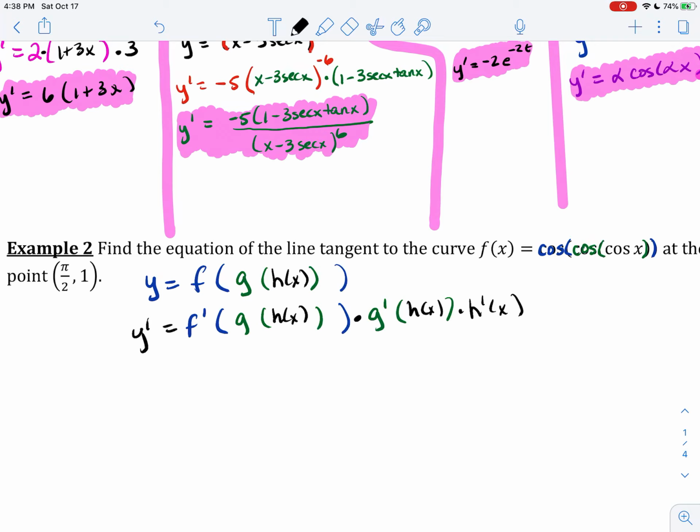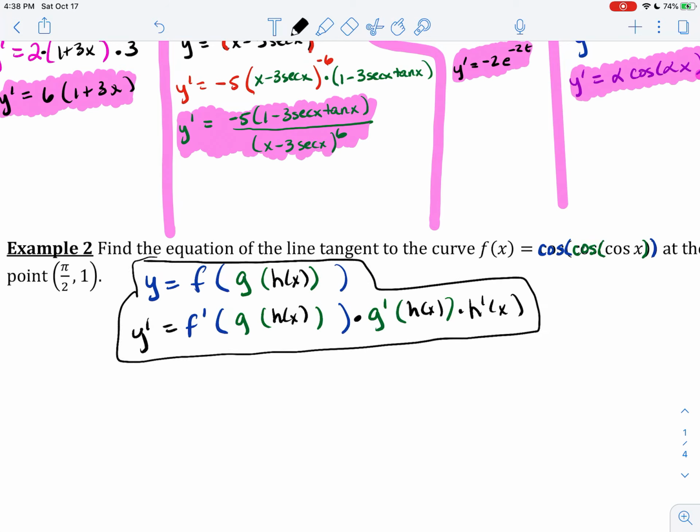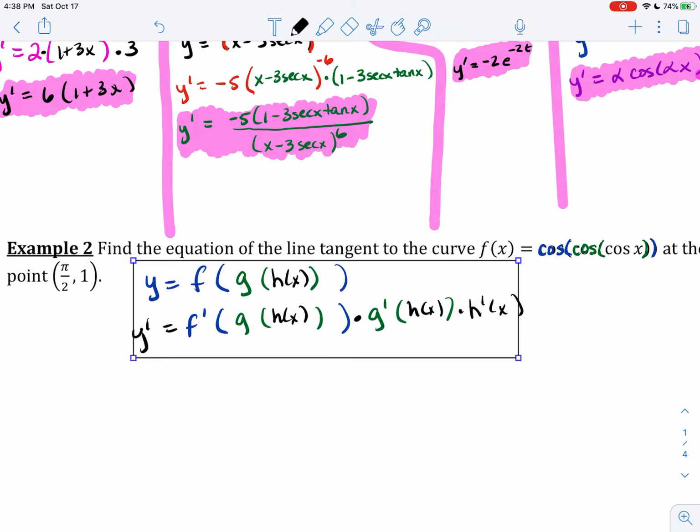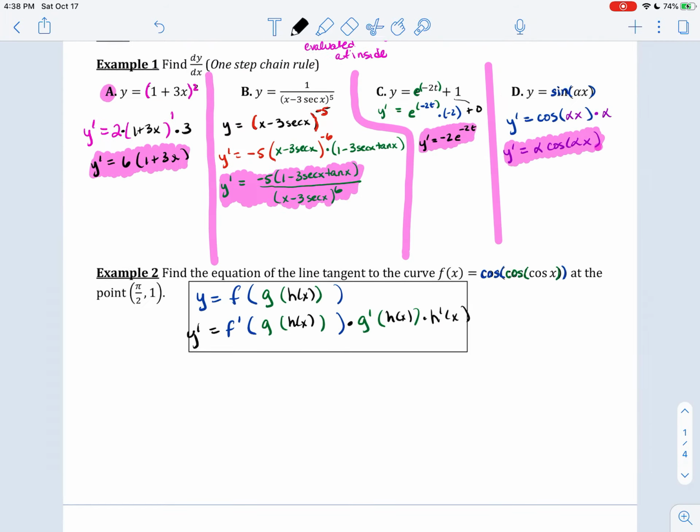So we want to do a chain, chain, chain. That is our rule here that you'll want to remember.